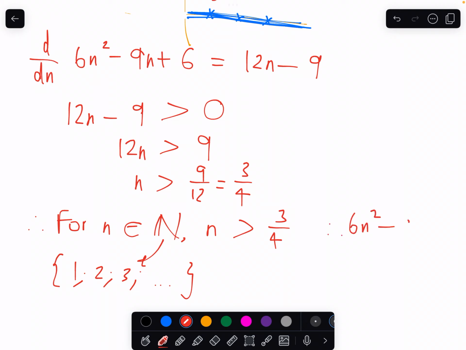Okay, right. So now we can move our terms around. Let's just get everything to one side actually. So I'm going to minus 6n² plus 9n minus 6, and then do the same to this side.